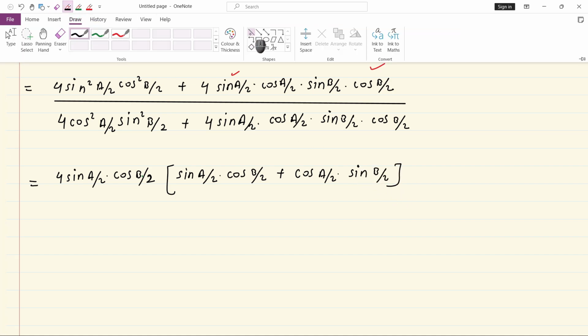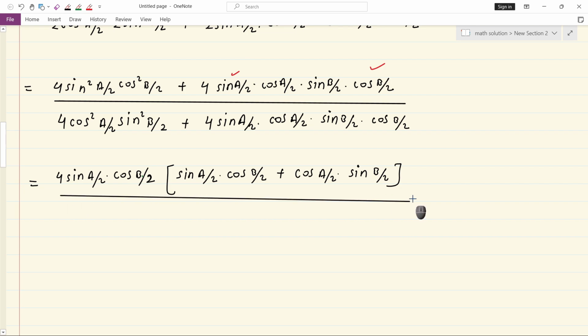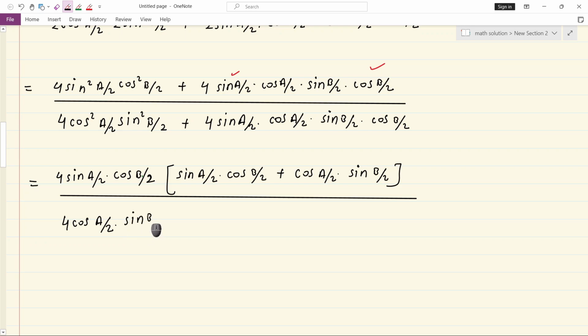Now give a big fraction here. So I have given a big fraction, and now what will be the common here, 4 cos A/2 sin B/2. So 4 cos A/2 · sin B/2 is our common, and after taking the common, what will be the remaining term in the first case: if one term of cos A/2 is taken and one term of sin B/2 is taken, then the remaining will be cos A/2.